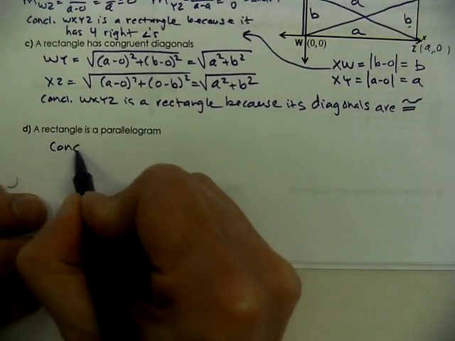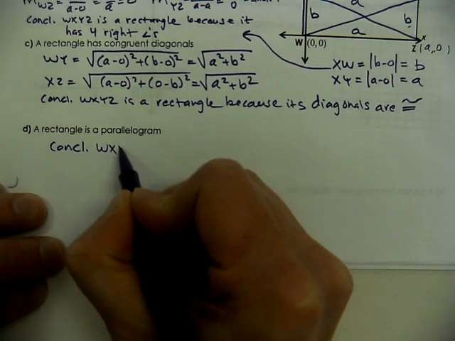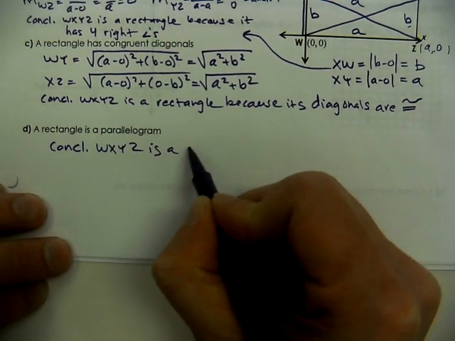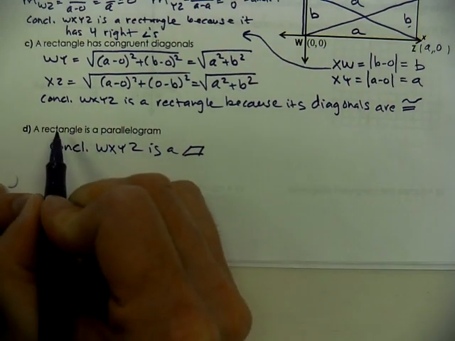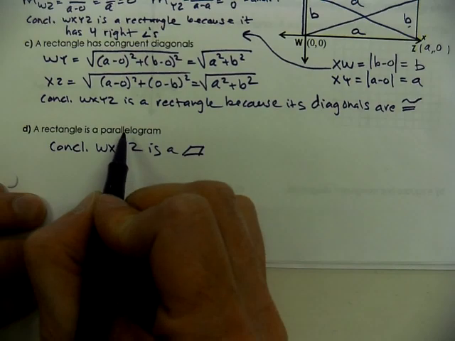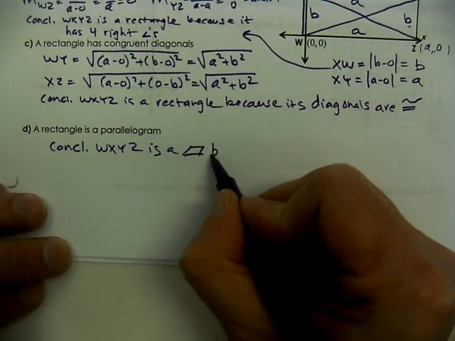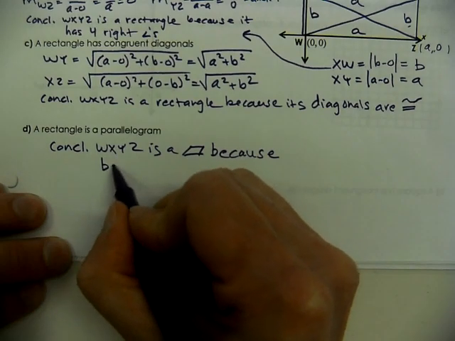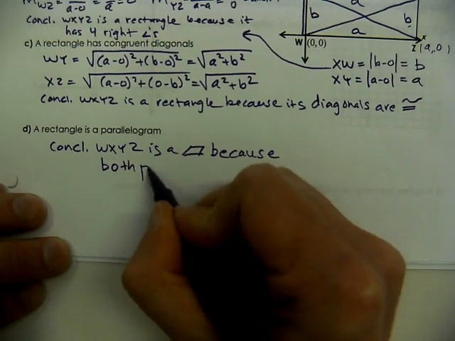So we can jump right to our conclusion. WXYZ is a parallelogram. Now we know it's a rectangle, a more specific shape, but it is a special kind of parallelogram, because both pairs of opposite sides are parallel.